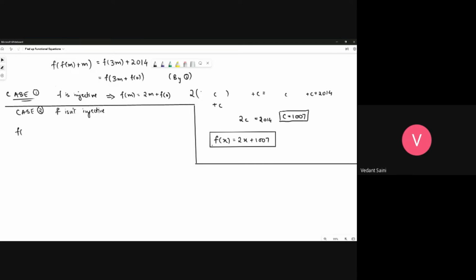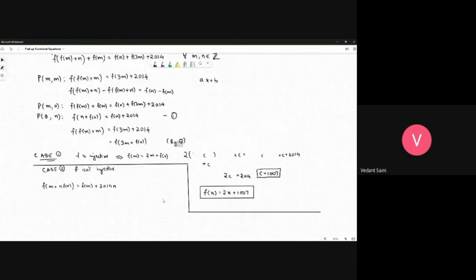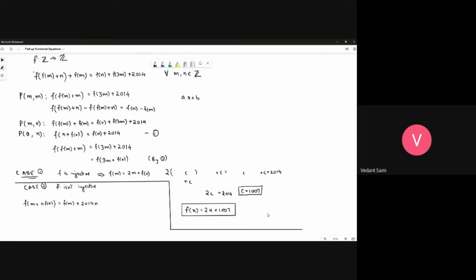I'll write that equation. What is the simplest condition that case 2 imposes on f?